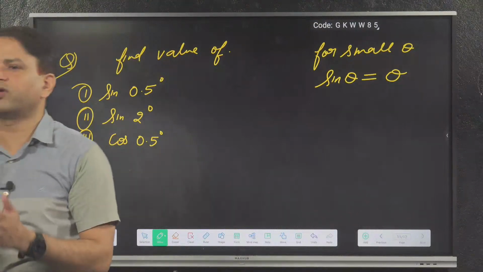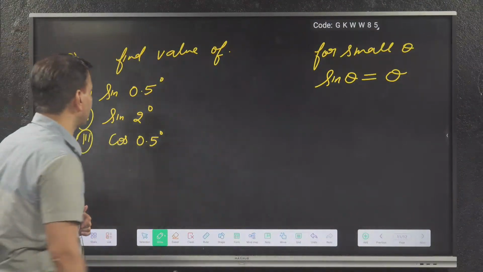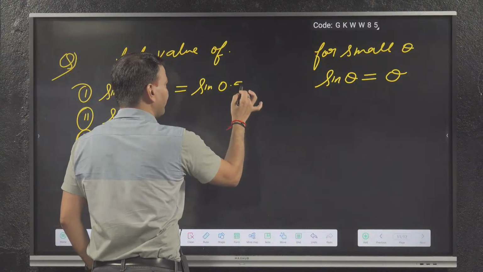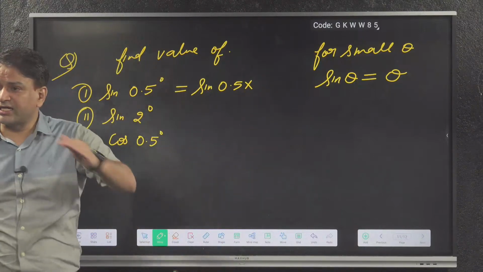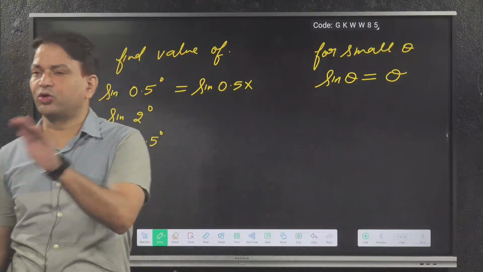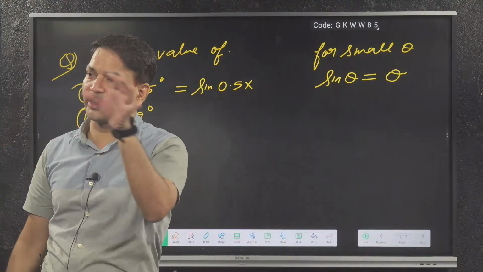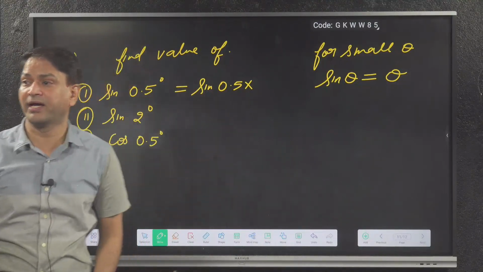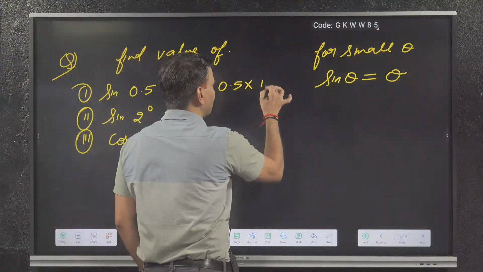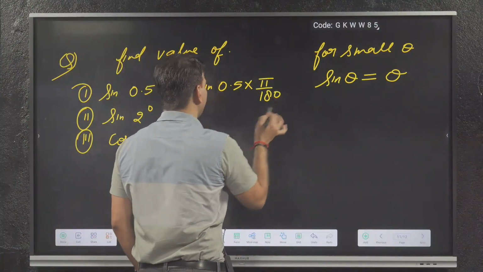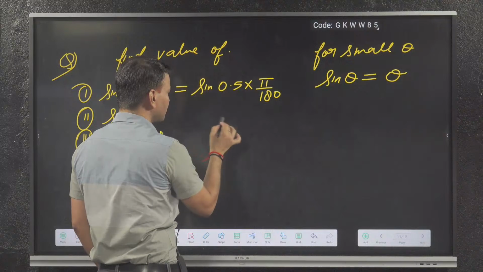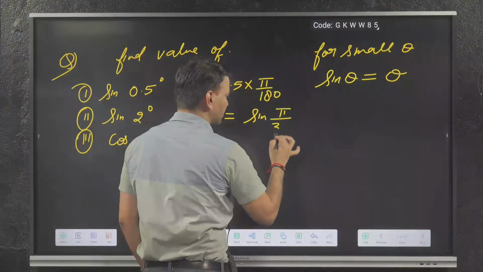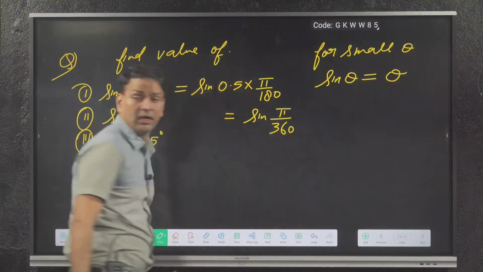We know how to convert degree into radian. So sine 0.5 degree: to convert degree to radian, the magnitude will be lesser, so we multiply by pi by 180. 0.5 into pi by 180 gives sine pi by 360.